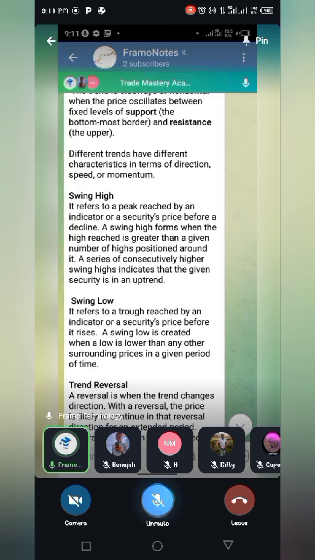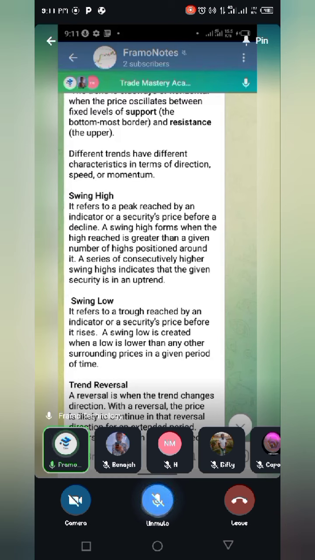As we are saying in an upward trend, we have higher highs. There will be a higher high that will not be surpassed by another higher high, and when that happens, it is a swing high. Whenever we see a higher high, a swing high is formed.